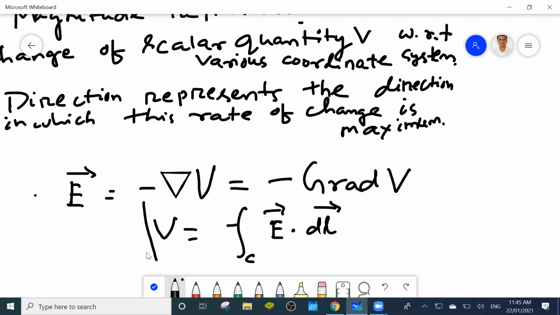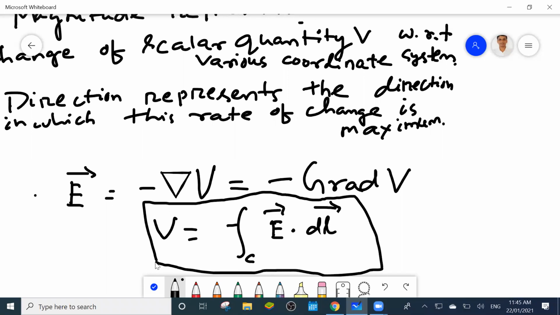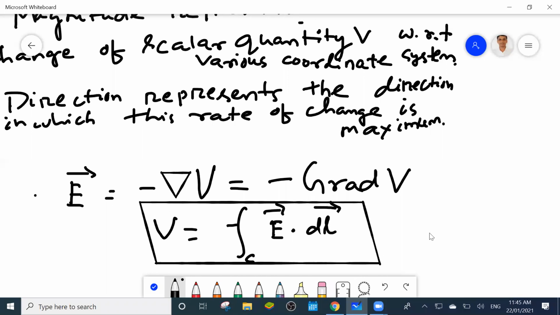Then only you can find the potential. So this is very, very important from the problem point of view. Clear, everyone? Any doubt?